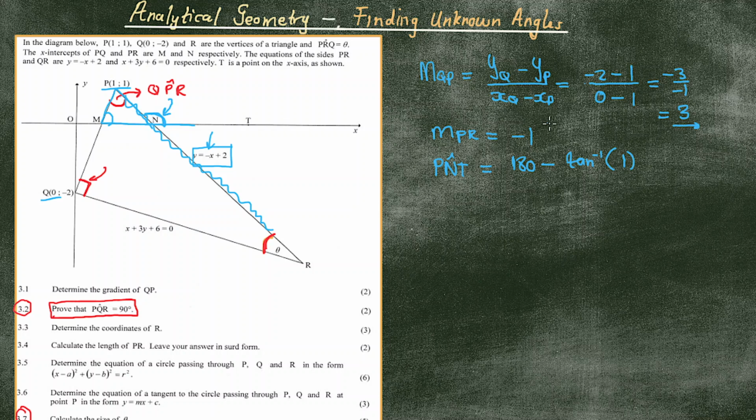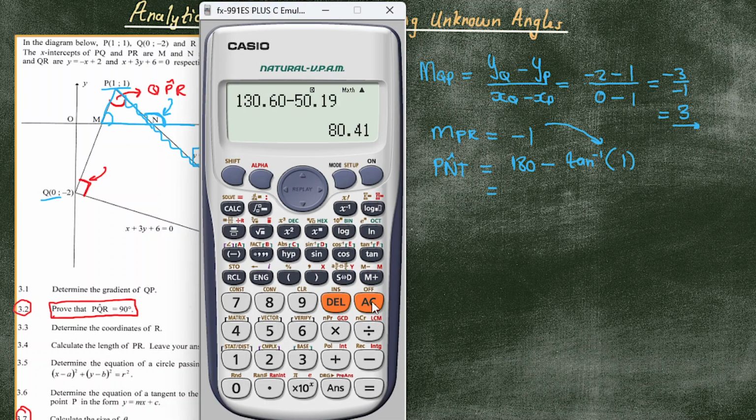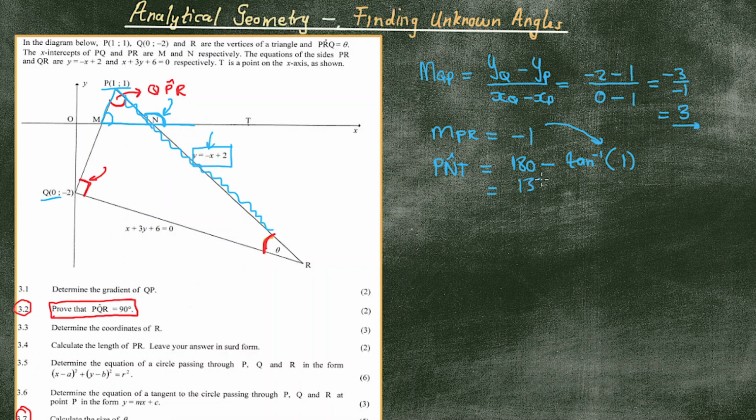Remember, when we substitute in the gradient, we do not include the negative sign. So it's going to be 180 minus tan inverse of 1, which is 135 degrees. So that's our total angle.